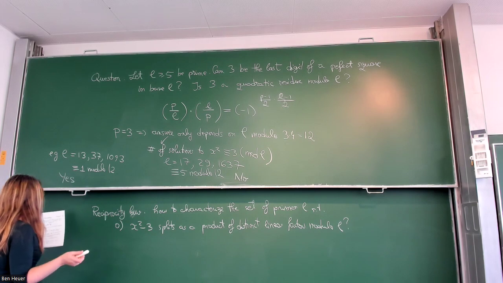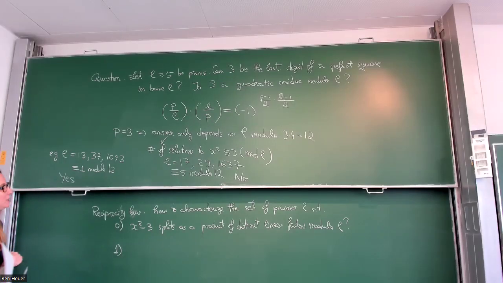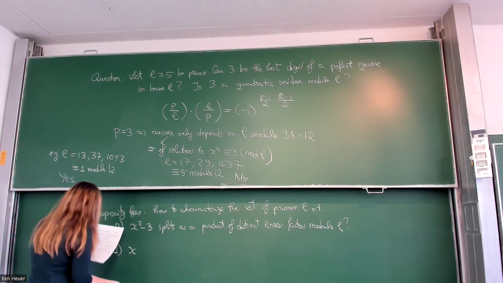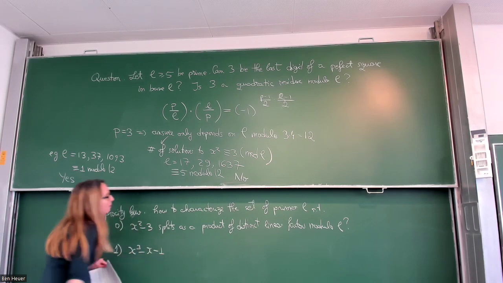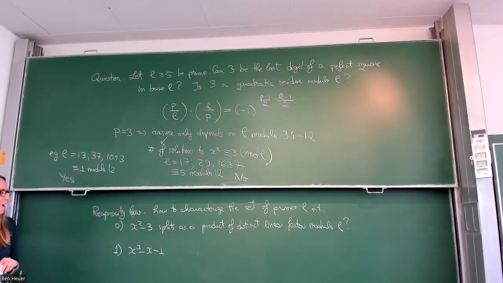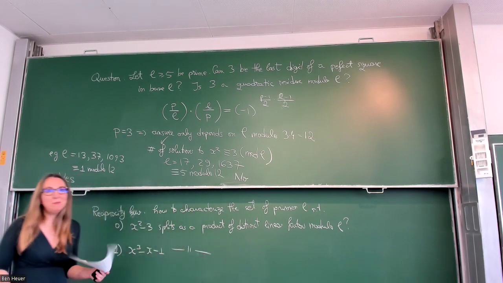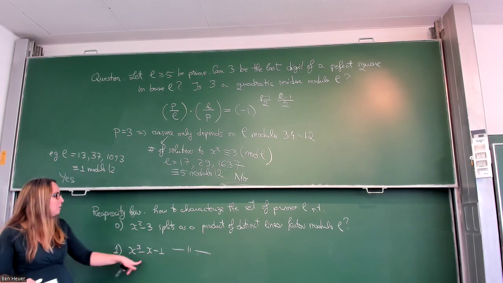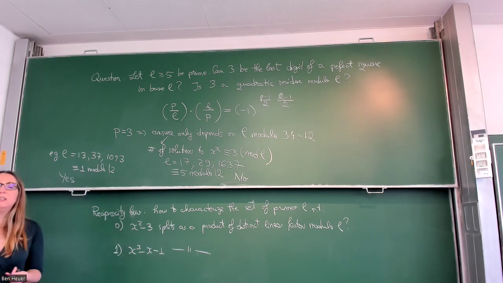And anyway, the other thing is, what if we did some harder polynomial? So instead of x squared minus 3, what if we looked at a cubic polynomial? And so, for example, I took x cubed minus x minus 1. And I want the same thing. Describe the prime numbers L such that if I look at this polynomial modulo L, this breaks up as a product of 3 distinct linear factors.